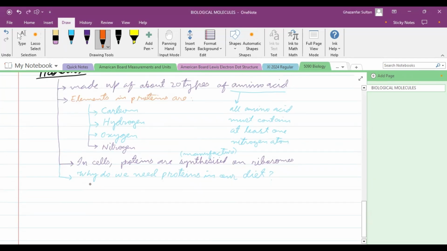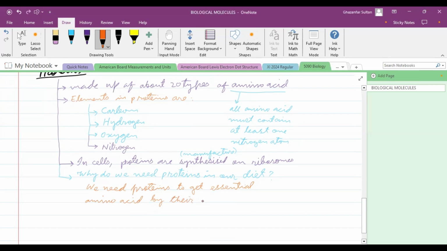Actually, we need proteins to get essential amino acids by their digestion.